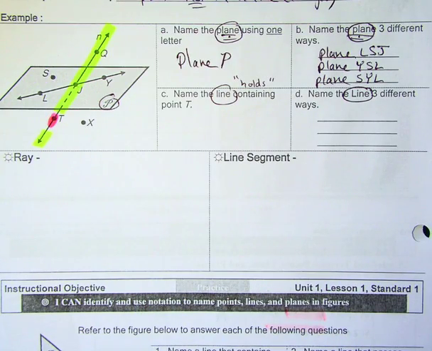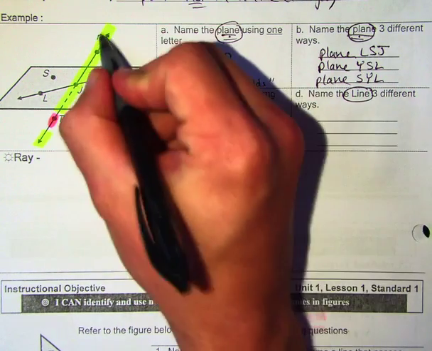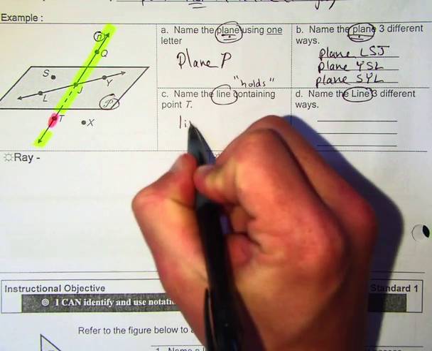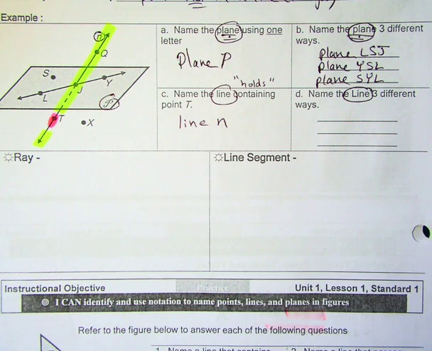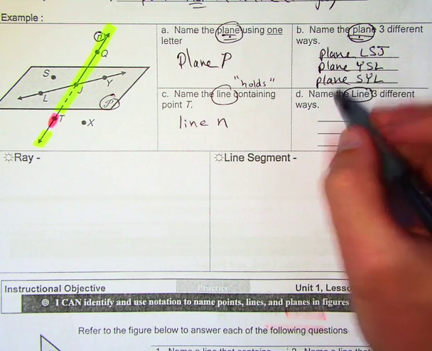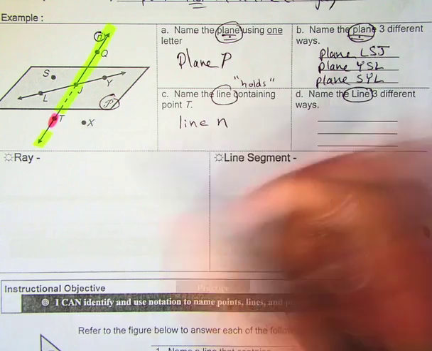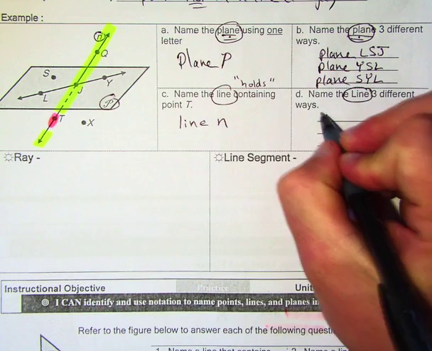So how do I name or notate that line? Well, I could just call it line N, the single lowercase letter at the end. Or I can name it using how many letters? Just 2. So I can go ahead and choose just 2 of these points. How about T and J?